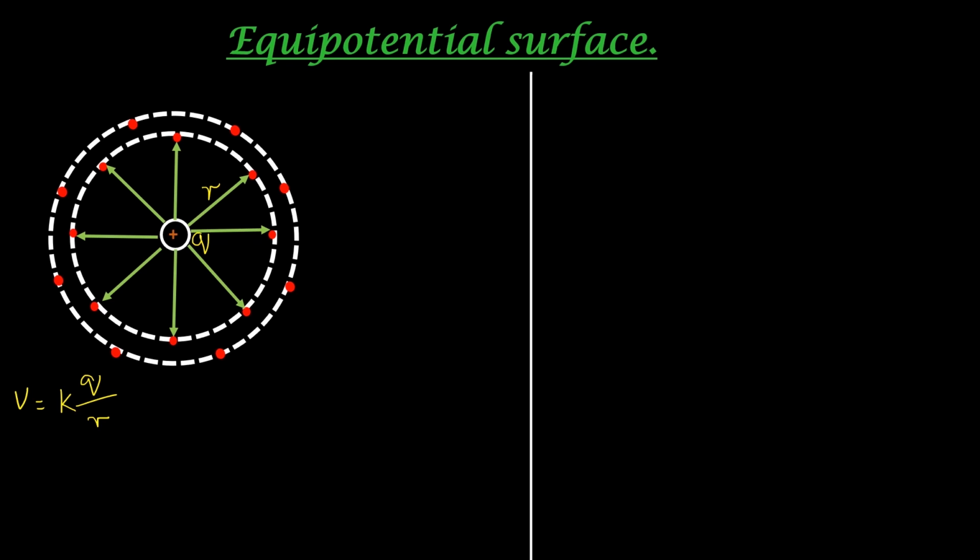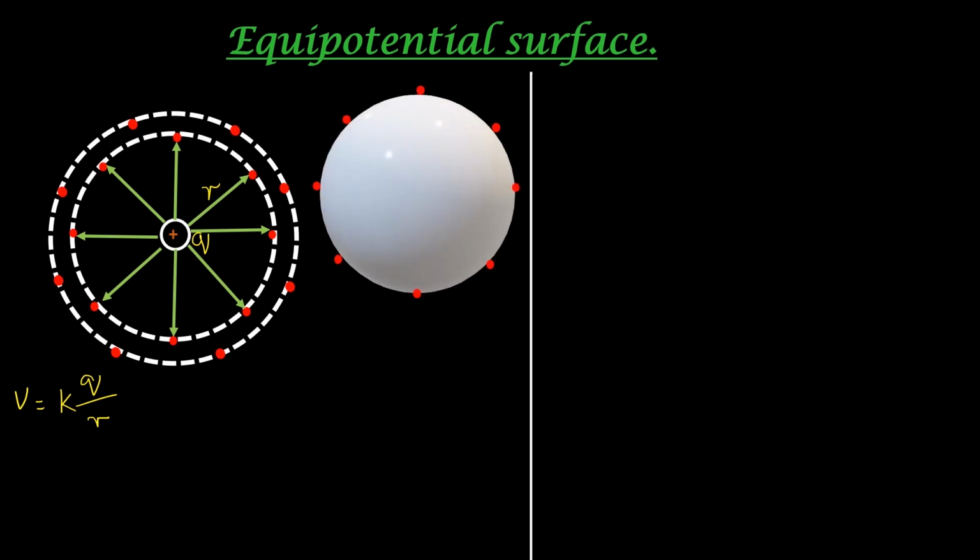Actually, we should visualize these surfaces in 3 dimensions. That is like a sphere or a ball. The charge we should assume to be in its center. So, all the points on the surface will be equipotential. What are the important properties of an equipotential surface?